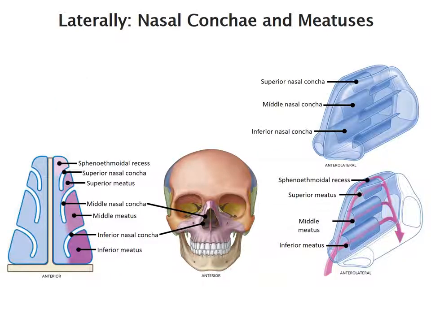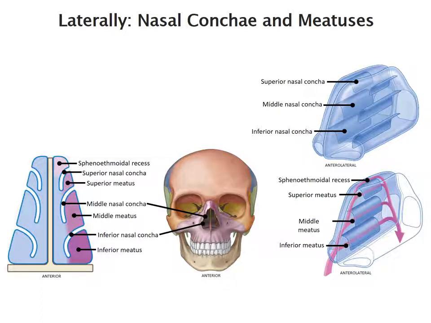If we look more closely at the nasal cavities, we see that these paired projections, called the nasal conchae, extend medially across the nasal cavity and help to separate the cavity into four separate air channels. The top two conchae are bony landmarks associated with the ethmoid bone. The top two conchae would be the superior and middle nasal concha.